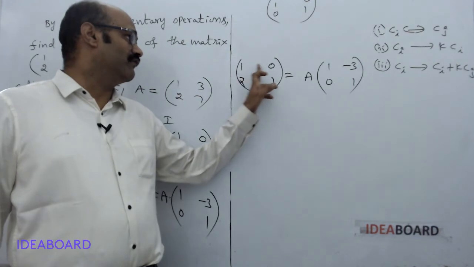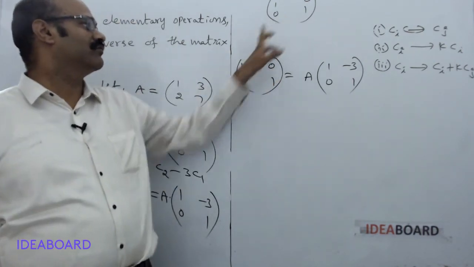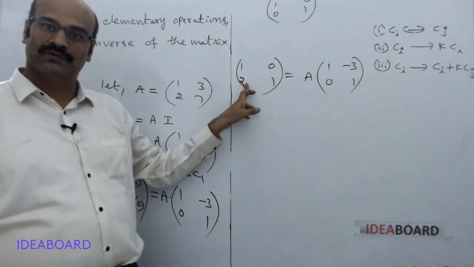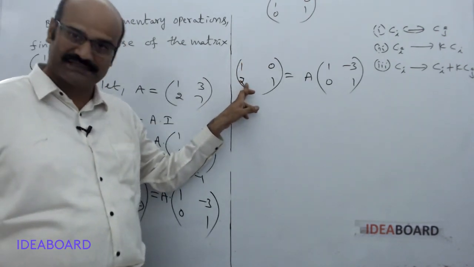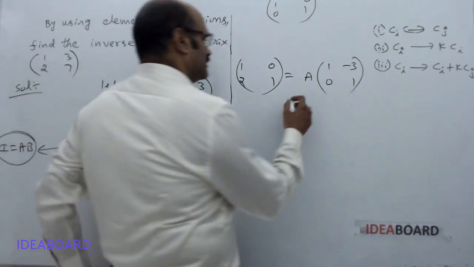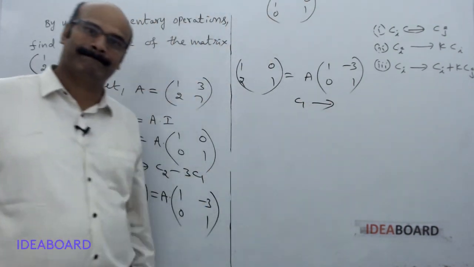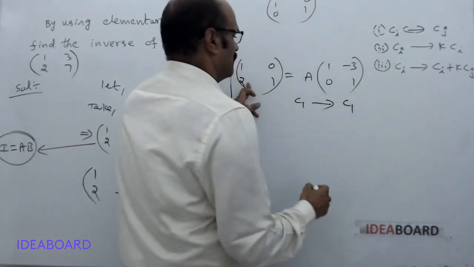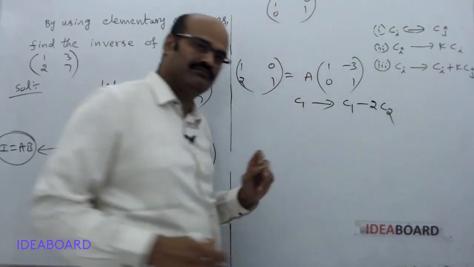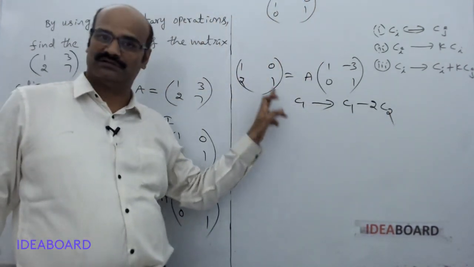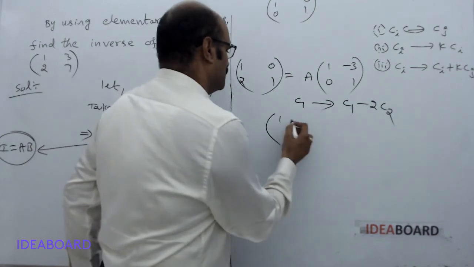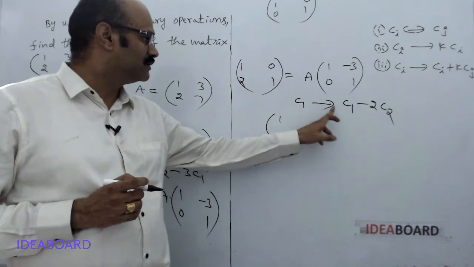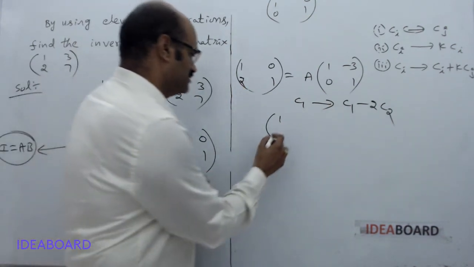Now here we have to get 1, 0, 0, 1, but here you have 2. We have to get 0 here. So to get 0 in this place, we should take C1 implies C1 minus 2 into C2. 2 minus 2 into 1, 0. So it becomes 1 minus 2 into 0, 1 only. Next 2 minus 2 into 1, 0.